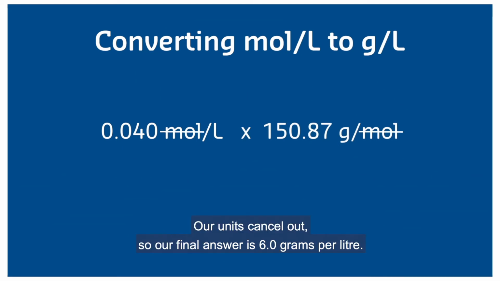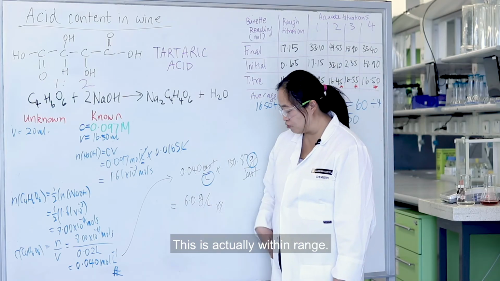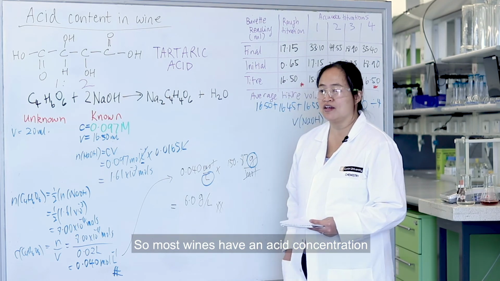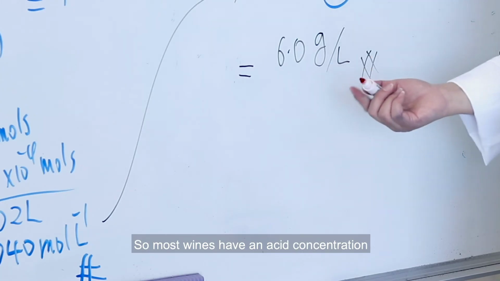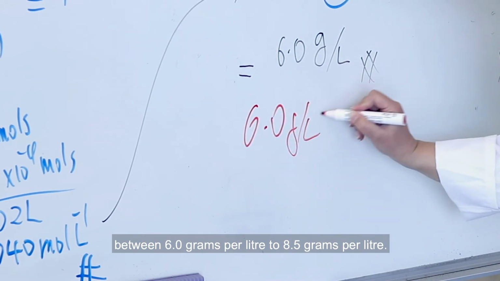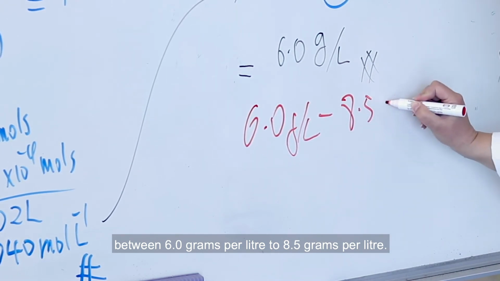Our units cancel out, so our final answer is 6.0 grams per litre. This is actually within range, as most wines have an acid concentration between 6.0 grams per litre and 8.5 grams per litre.